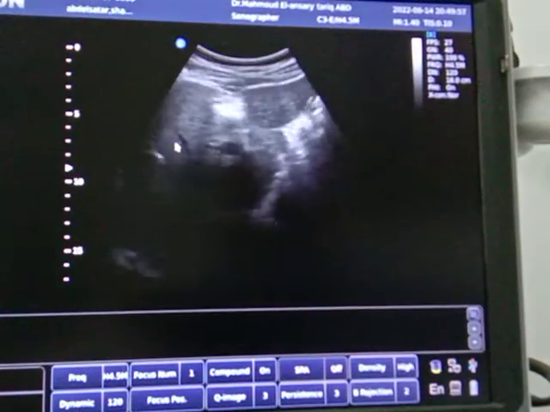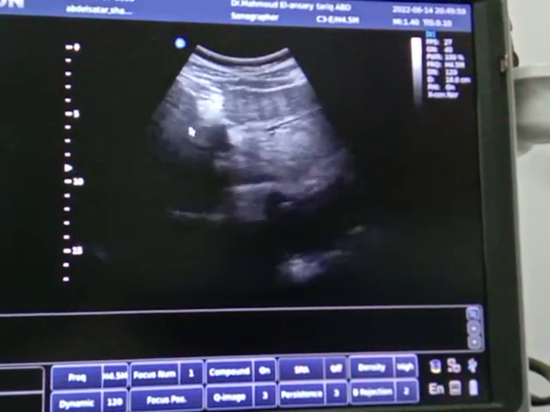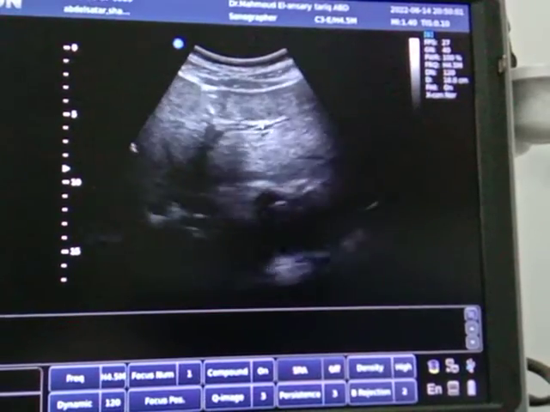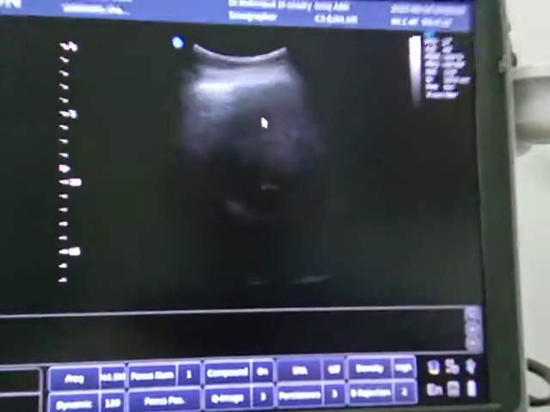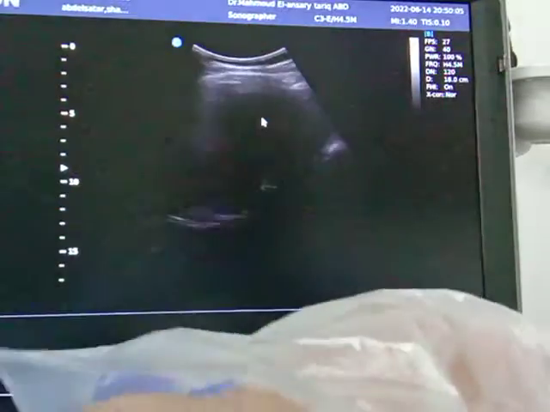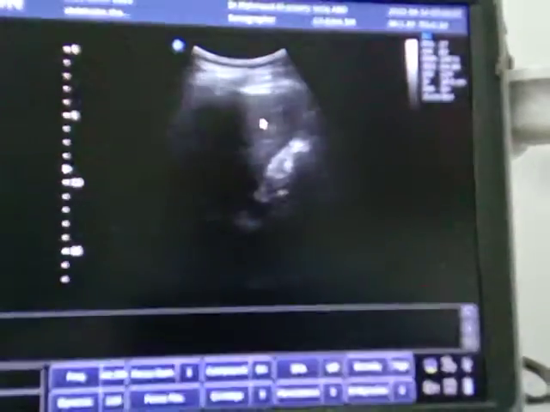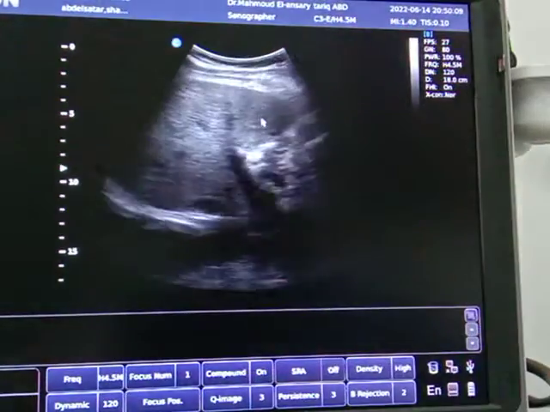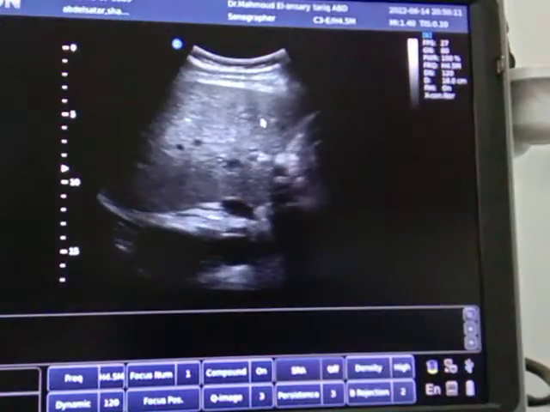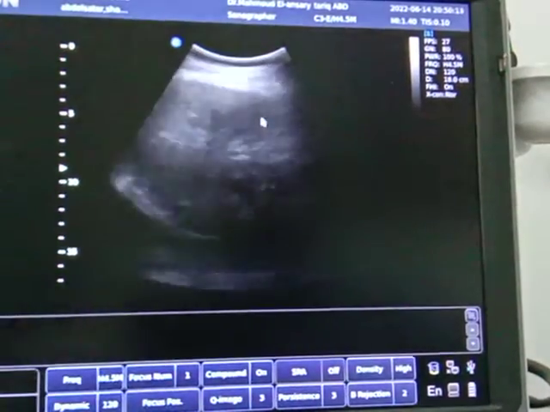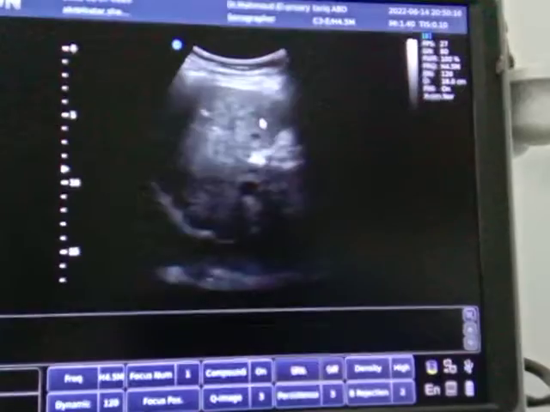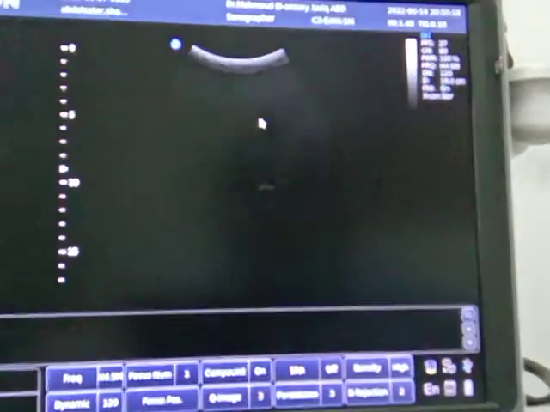There is no intrahepatic biliary radical dilatation, but there is some aerobilia in the biliary system in both liver lobes. And we are also evaluating the stents.